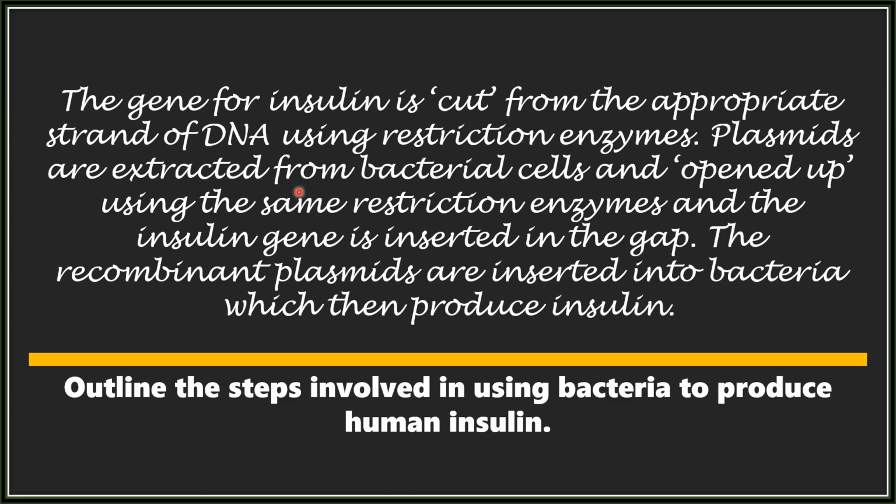Plasmids are extracted from bacterial cells and opened up using the same restriction enzyme, and the insulin gene is inserted in the gap. The recombinant plasmids are inserted into the bacteria, which then produce insulin.